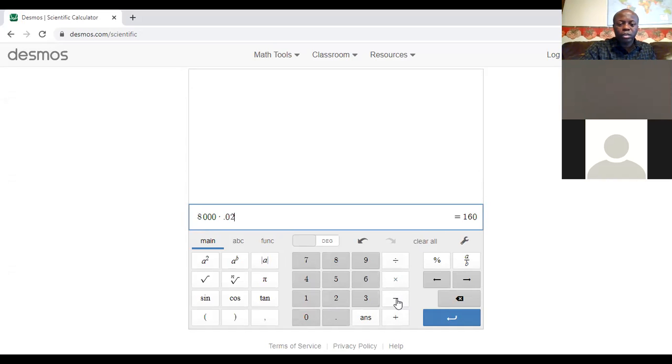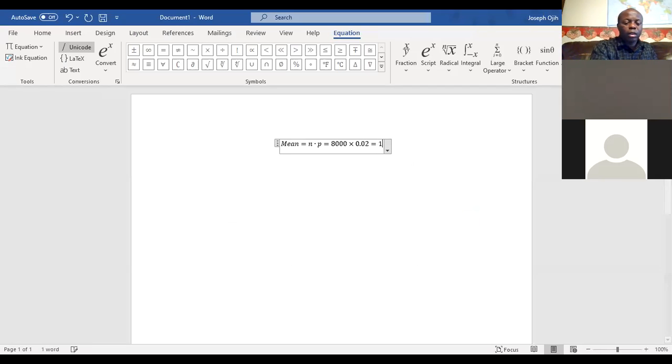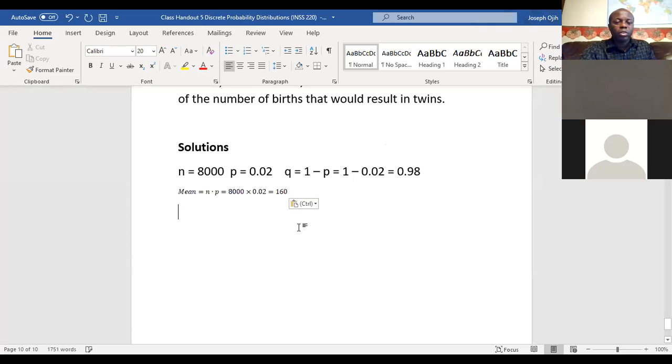So 160 births result in twins. I'm going to copy this and put it on our main workbook so you can see it. That becomes our mean: 160 births result in twins out of 8,000.